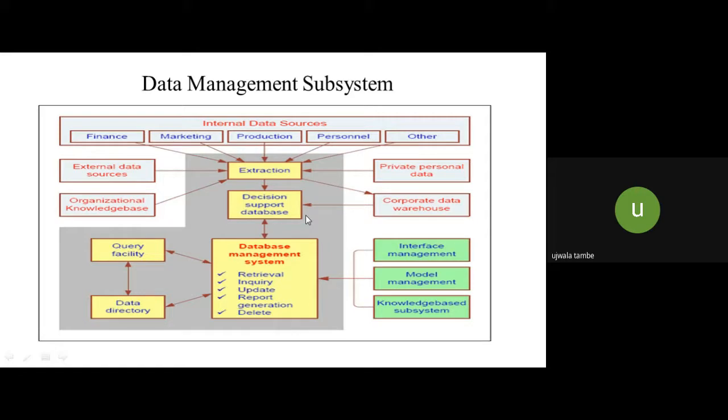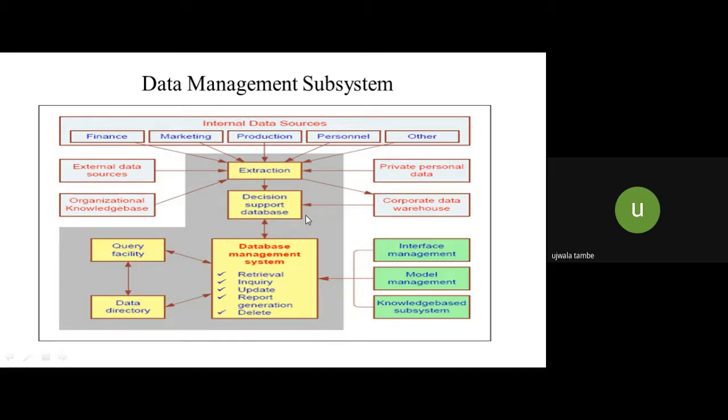There are several sources through which we can extract data that is useful for the DSS system. They are the internal data source, external data source, organizational database, private personal data, and the corporate data warehouse.